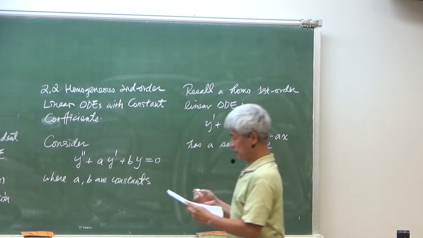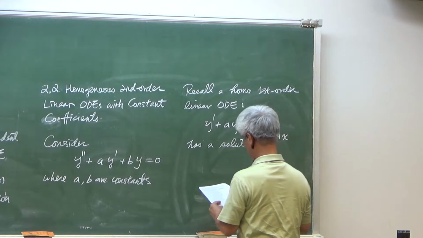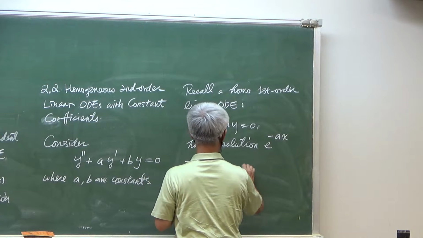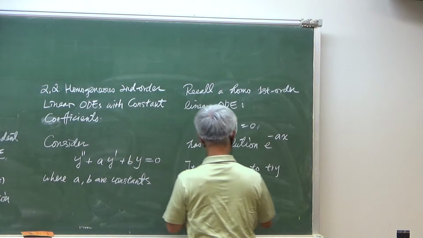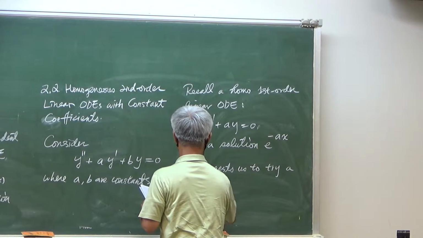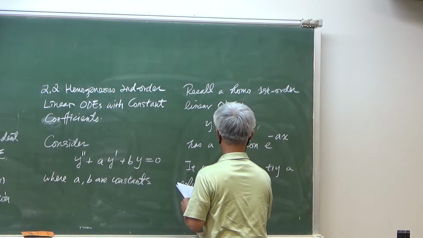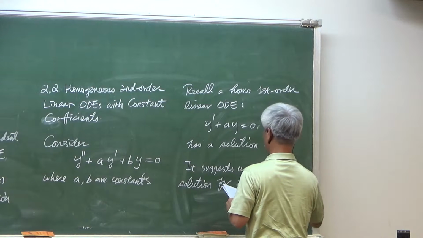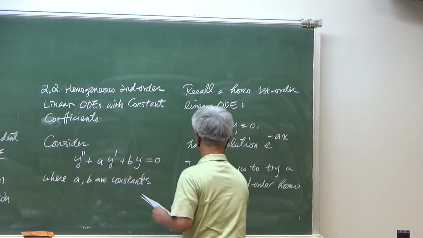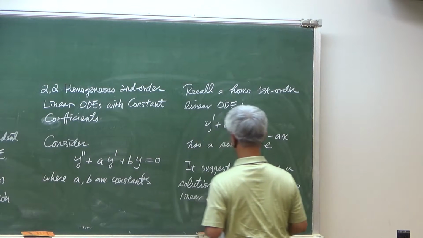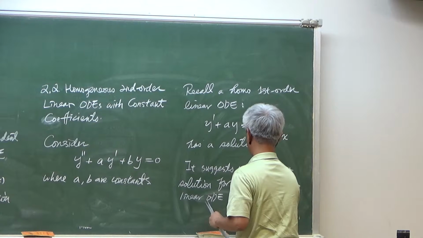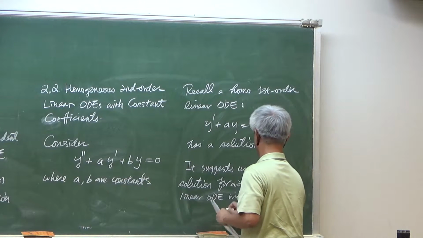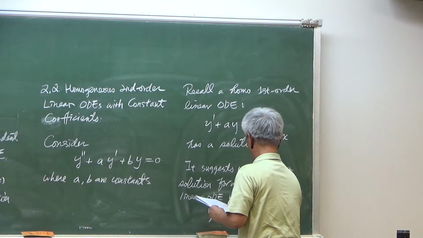So now it suggests us to try a solution for the second order homogeneous linear ODE with the form y of x equal to e to the lambda x.